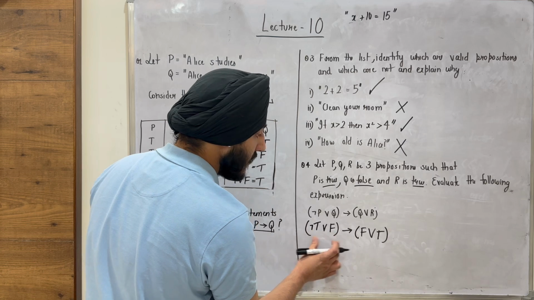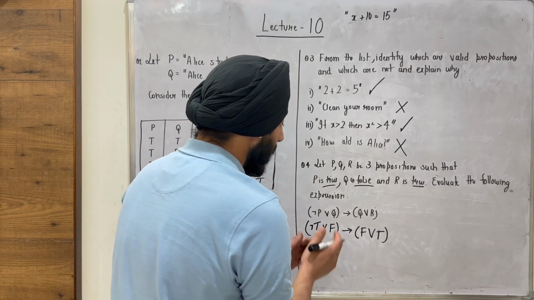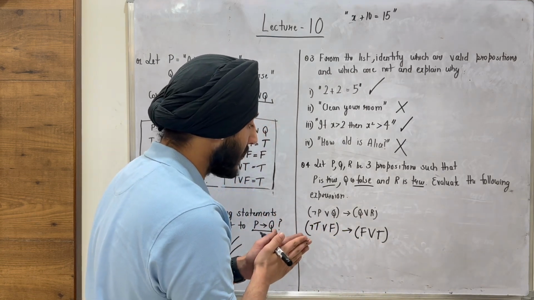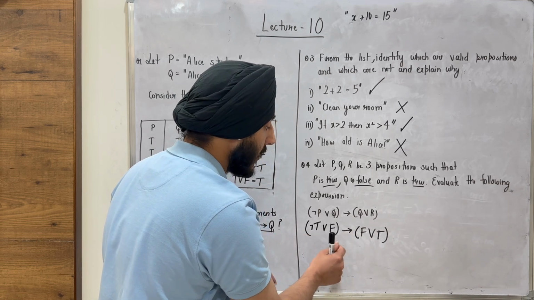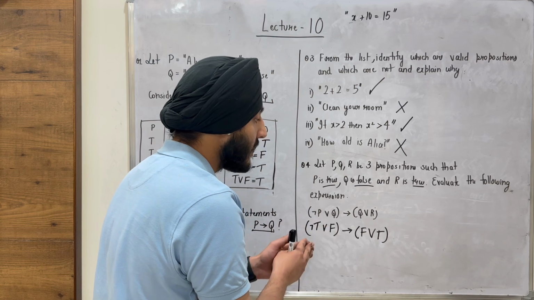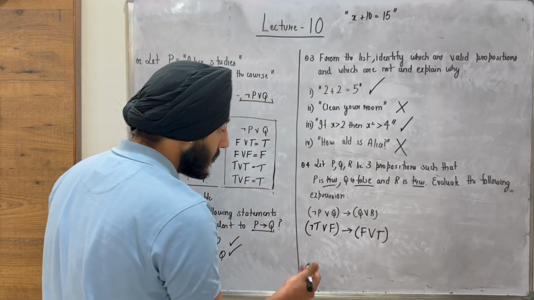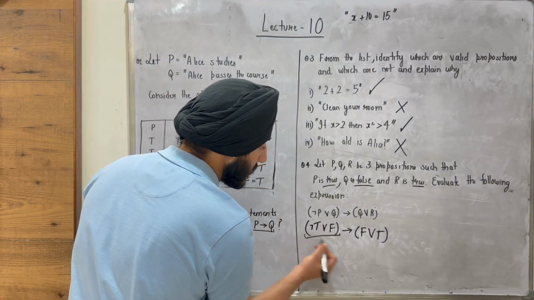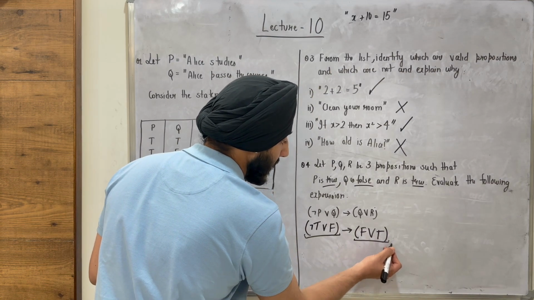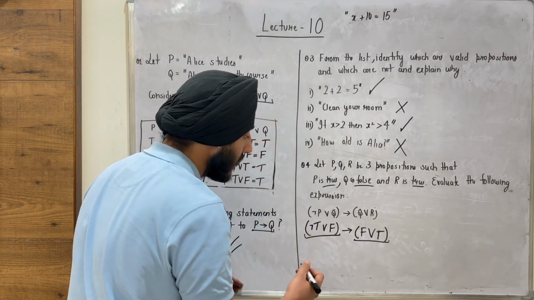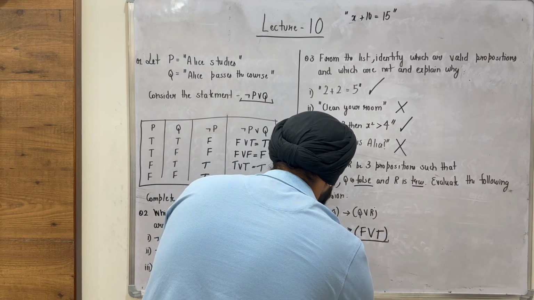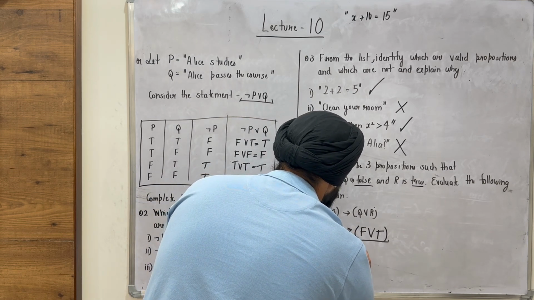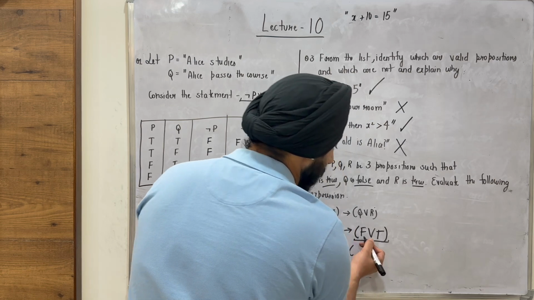Now, let's try to solve each of these parts individually first. Whenever you have this type of expression with a conditional statement in between, try to solve both the parts first, and then figure out the final solution. So I'm going to solve this portion first, then this portion, and then I'll evaluate the entire expression. So this basically means false or false implies false or true.